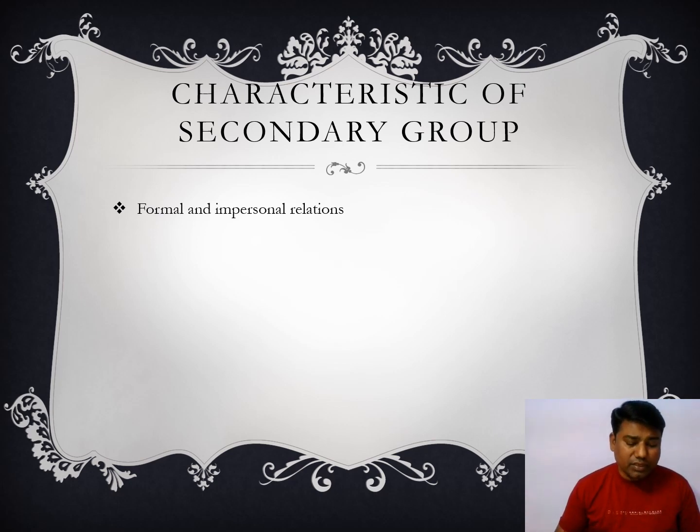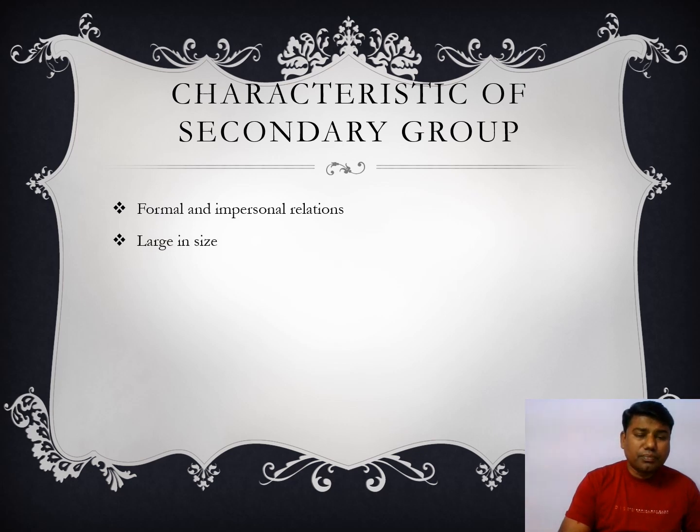They perform their jobs, carry out the orders, pay their dues, and still may not have seen or may not have a close relationship with one another in a secondary group. When you are working in an organization, you may be receiving your payments from the person who is in the treasury office, but you may not be knowing that person.